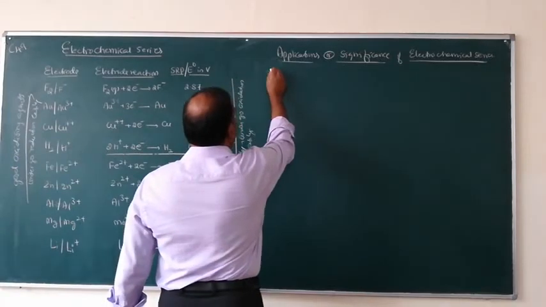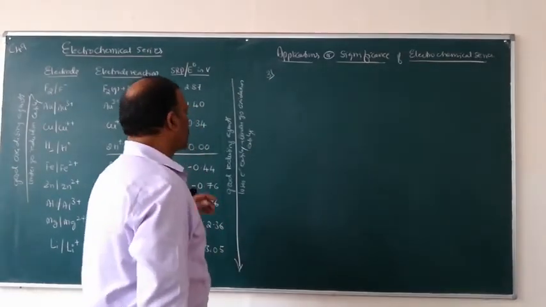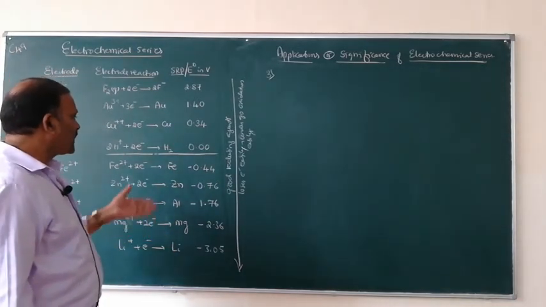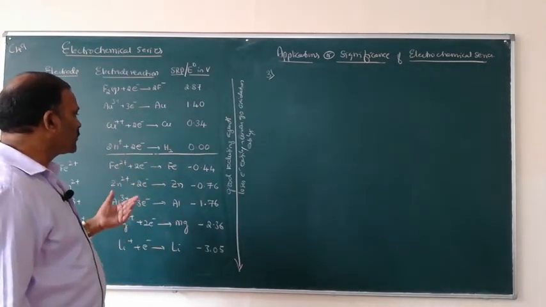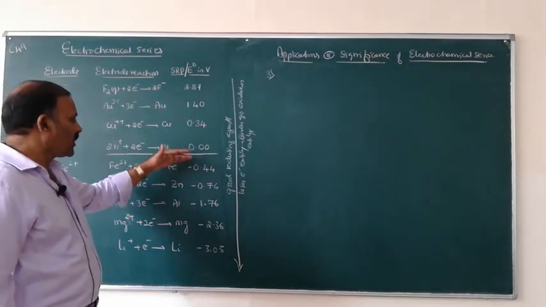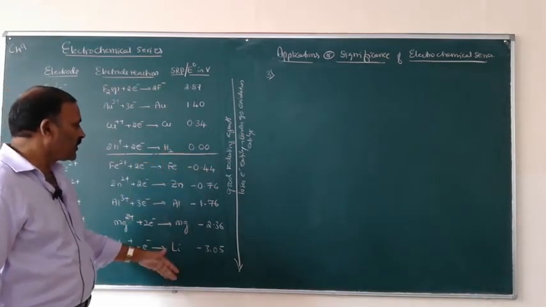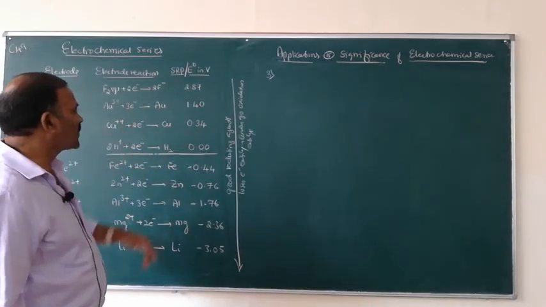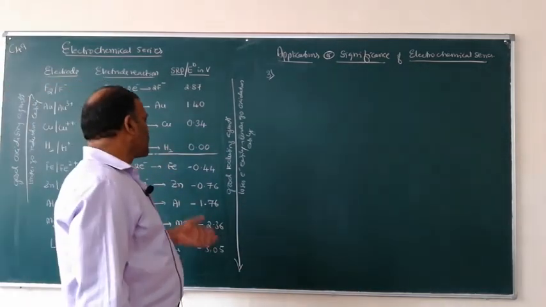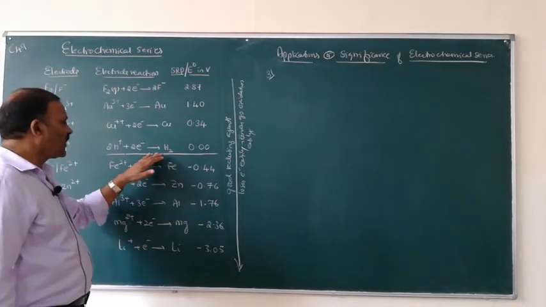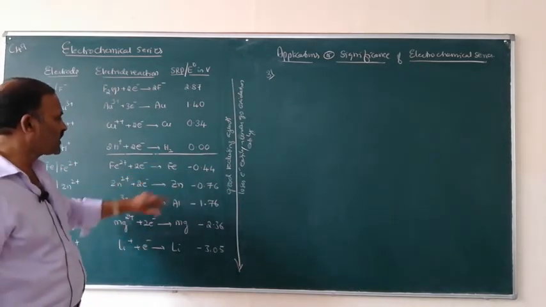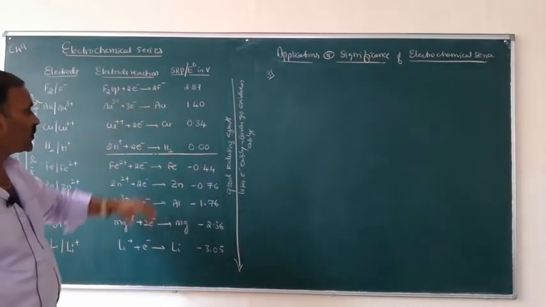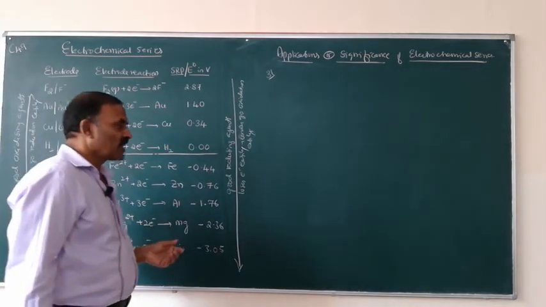So let us study the third application. The first application is where we can know whether it is a good oxidizing agent or reducing agent. Metals which are below in the series are good reducing agents, metals above in the series are good oxidizing agents. So metals below hydrogen, when added into dilute acids, hydrogen gas will be liberated, whereas when the metals above hydrogen are added into dilute acids, hydrogen gas is not liberated.